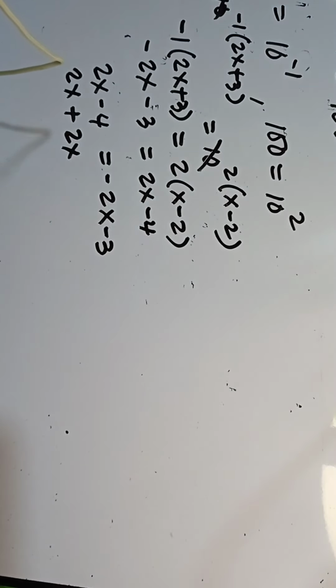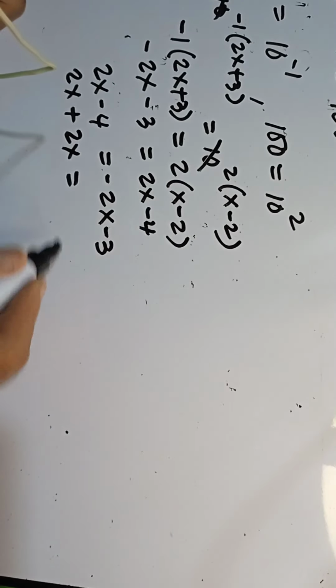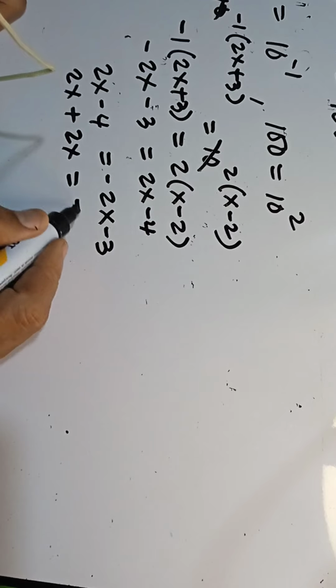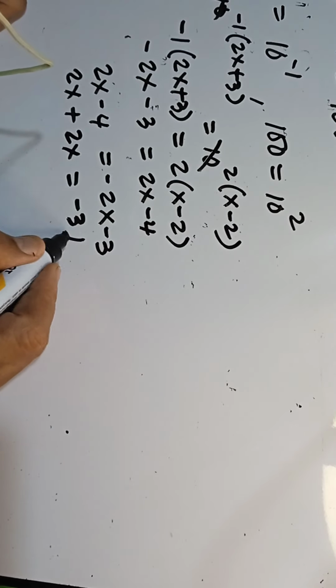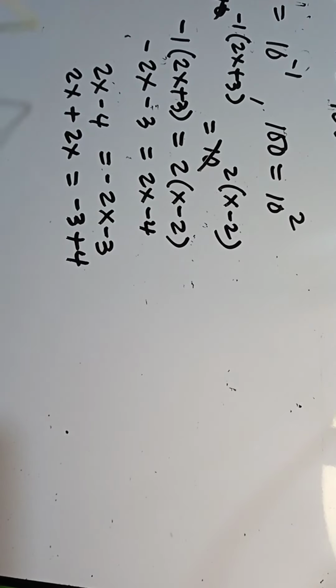We transfer negative 2x to the left side by virtue of addition property of equality. Equals negative 3 plus 4. Okay, the same with negative 4. So 2x plus 2x is 4x equals negative 3 plus 4 is 1.